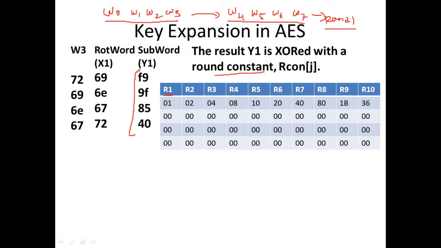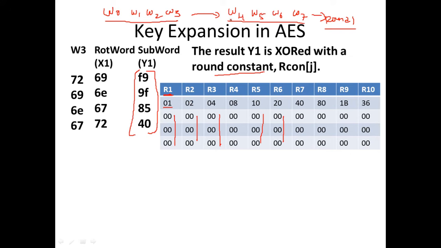Now we are going to perform an XOR of the SubWord with round constant 1. In round constant 1, the first byte alone exists, the remaining 3 bytes will be zeros. You take any round constant, the first byte has the value, the remaining 3 bytes are nothing but zeros. So how will I select that?